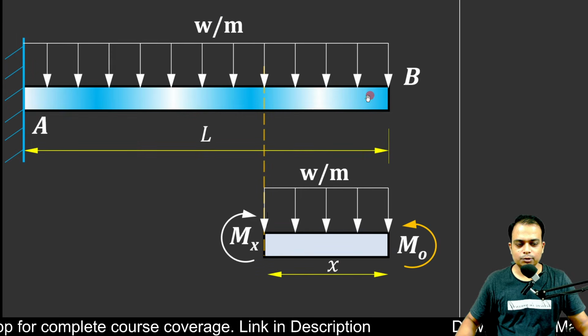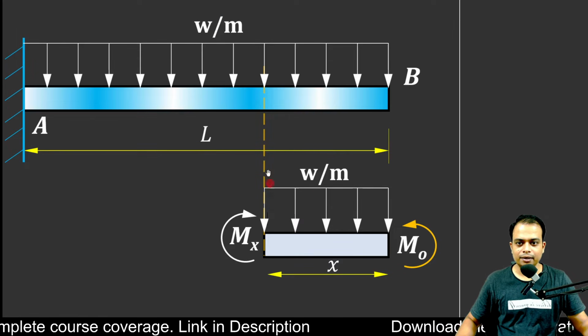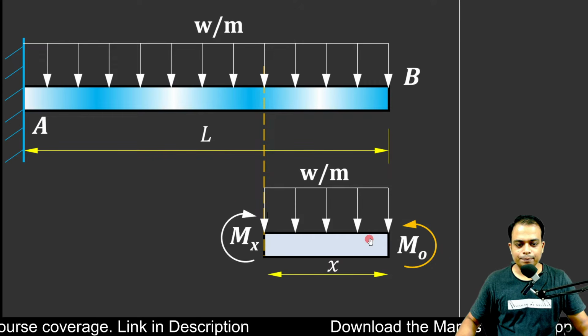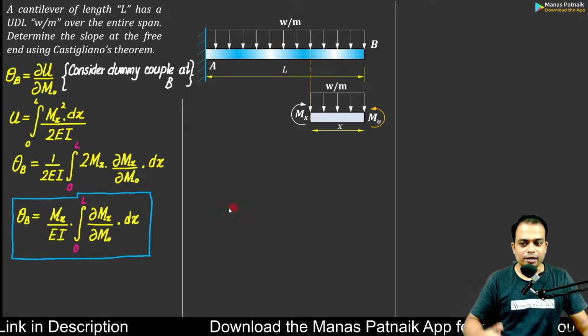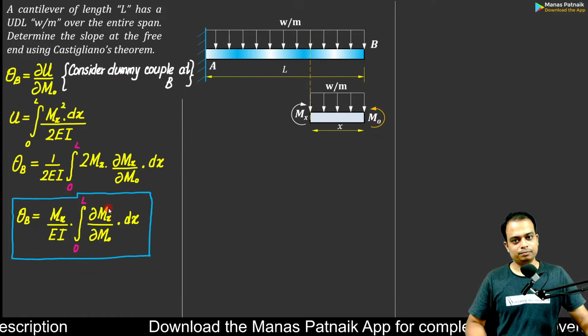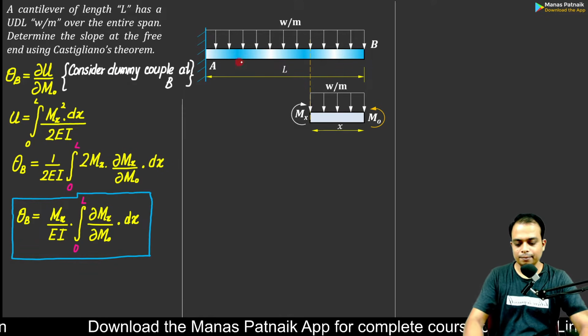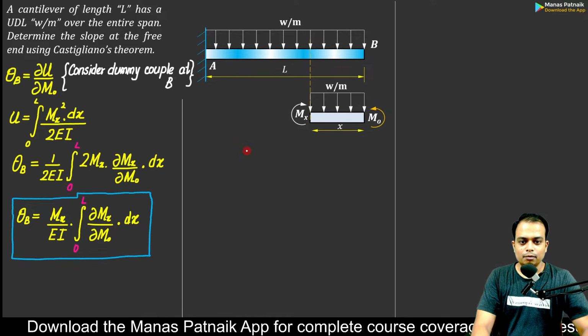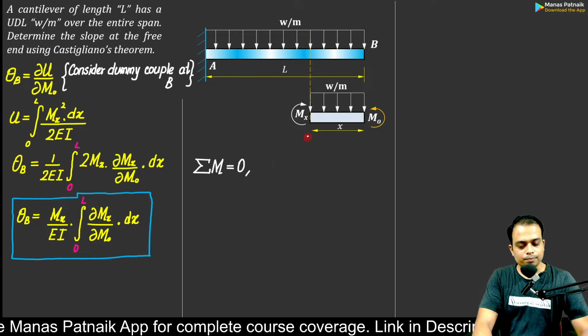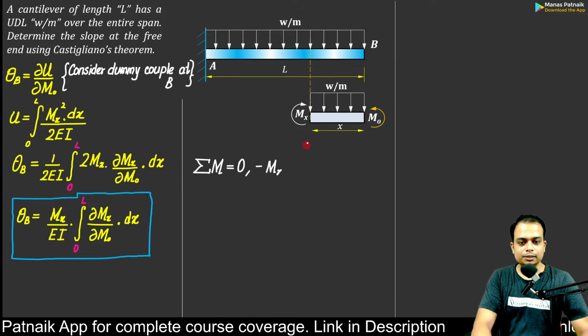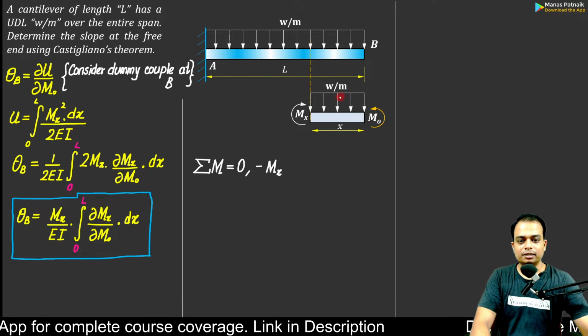Secondly, this much portion of the UDL has been recreated, and the internal bending moment, if you take a section from the right, is clockwise. Now you need to make an equation. Again, these steps are the same. I won't be repeating them again. Moment for this much chunk of the beam is equal to 0. Clockwise moment minus mx. Then you've got this w.